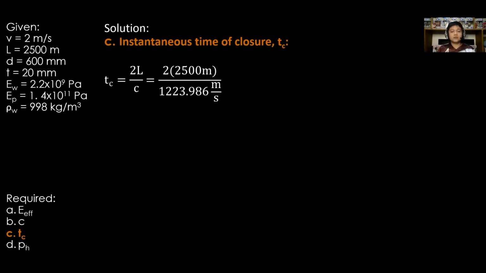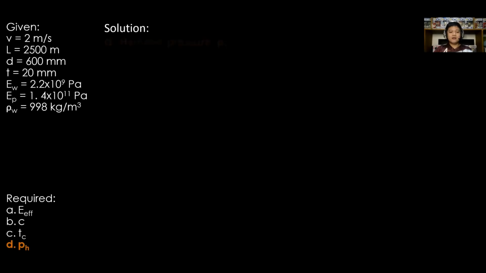So twice of that L all over C, that is 1,223.986 meters per second. Cancel out the unit of distance, that is meters, leaving us T sub C, that is 4.085 seconds.